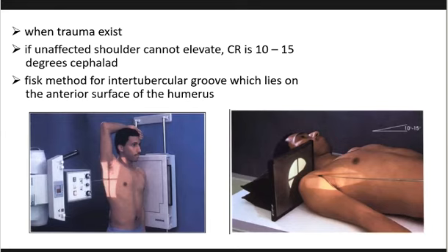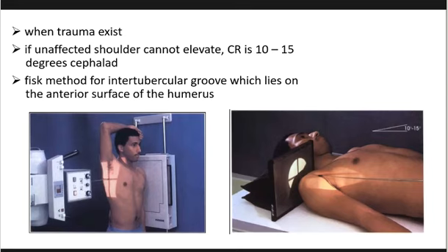If the unaffected shoulder cannot elevate, therefore we have to angle the tube. So dito sa transthoracic lateral, horizontally directed ang tube, not angulated, dahil pwede namang iangat yung unaffected side at ma-depress ang affected side.